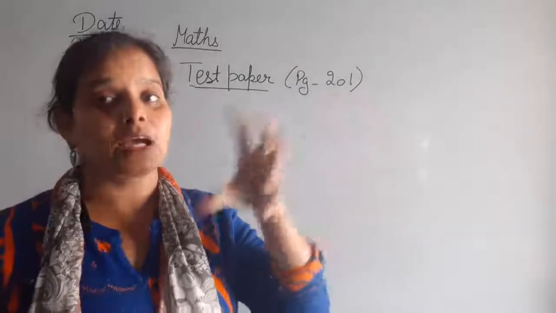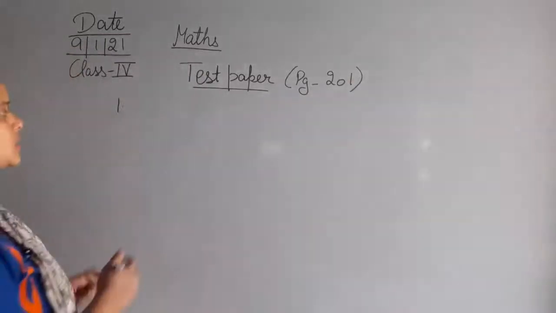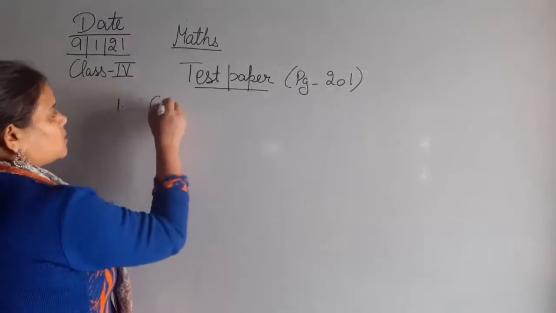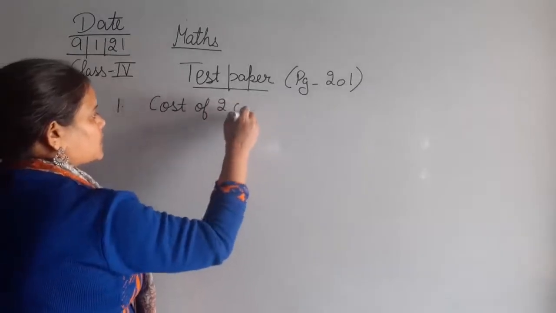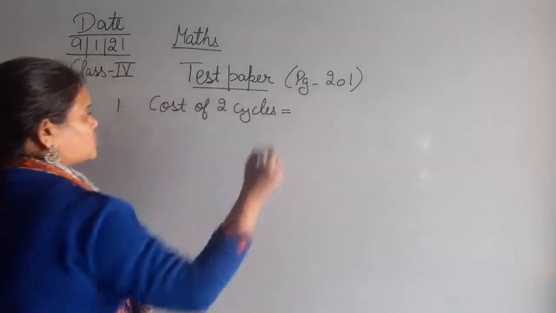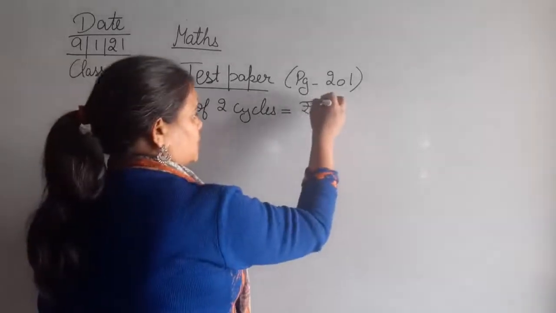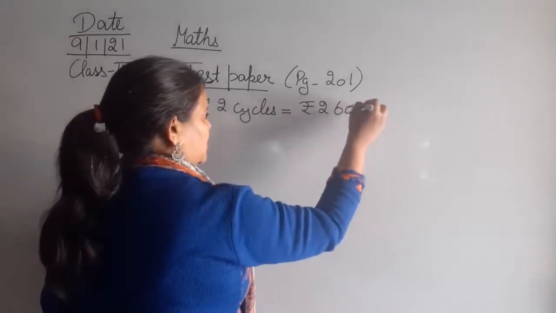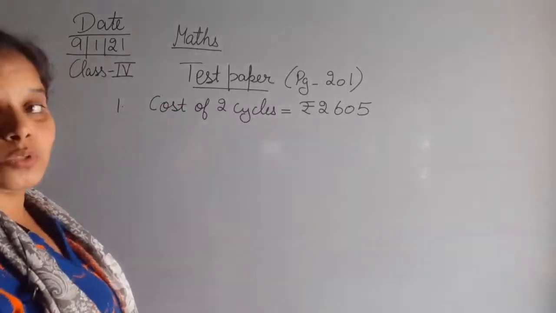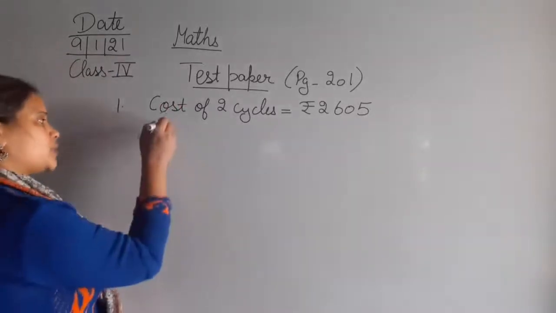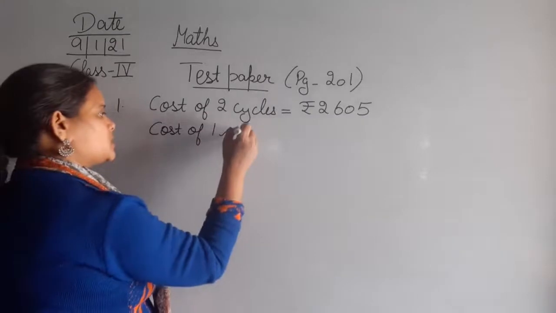देखिए ज़्यादा की दी है, कम की निकालनी है, and for that we always do the division. So let's do that. The cost of 2 cycles is given, that is rupees 2605, and we have to find the cost of 1 cycle.